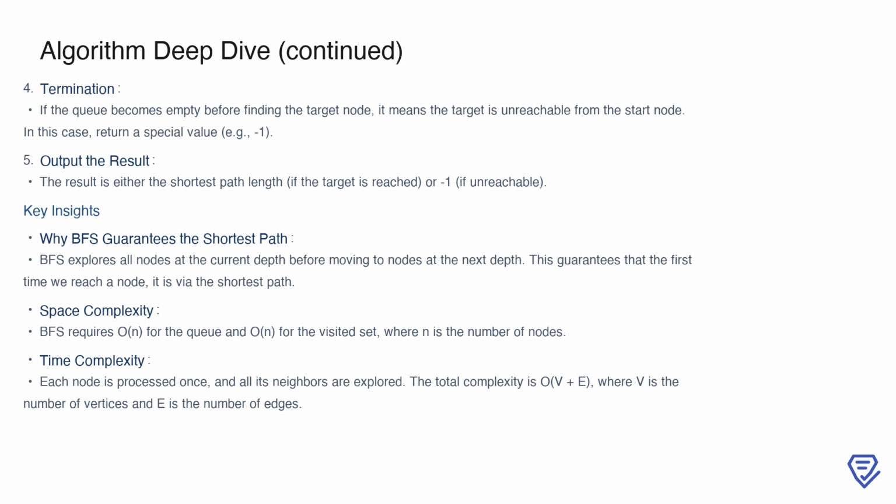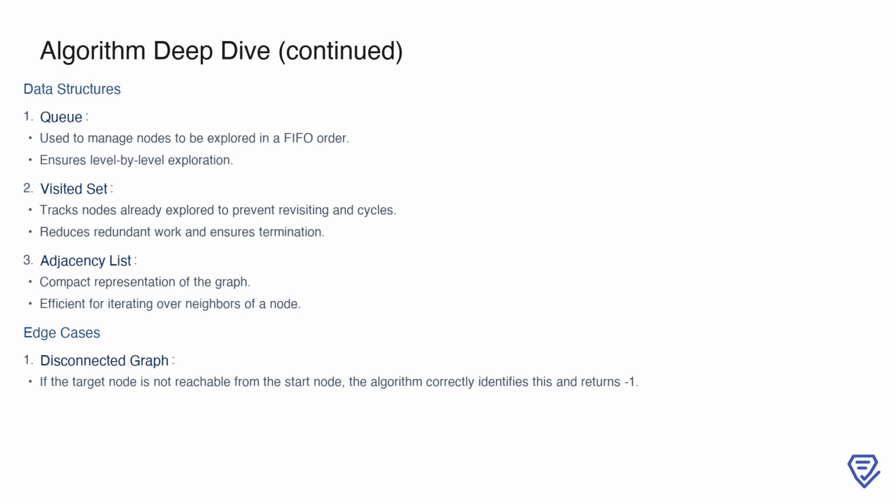From a complexity perspective, BFS requires linear space for both the queue and the visited set, leading to O(n) space complexity where n is the number of nodes. Time complexity is O(V + E), where V is the number of vertices and E is the number of edges, since each node is processed once, and all its edges are explored. To implement BFS effectively, we rely on three key data structures.